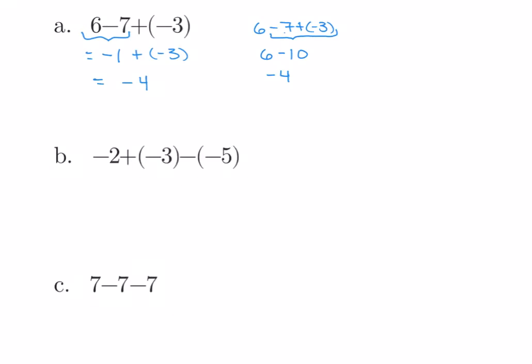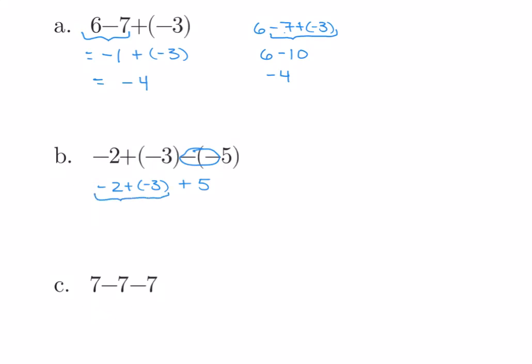All right, let's look at example B. First thing I want to do in order to complete this problem, I'm going to take any of my minus and negatives and turn them into plus a positive. So I'm going to rewrite this as negative 2 plus negative 3 plus positive 5. If we go ahead and go from left to right, that's a bit easier.